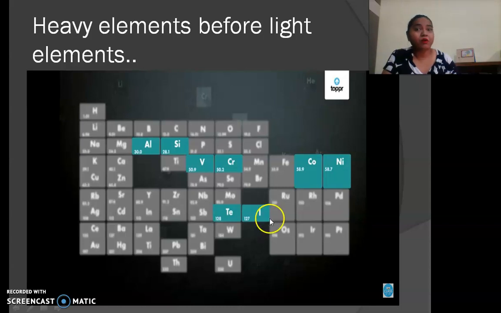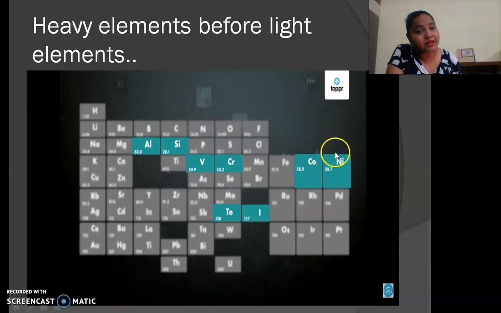Now, if you observe very closely, you will see that a few elements having higher atomic mass have been placed before elements having lower atomic mass. For example, cobalt has 58.9 atomic mass and nickel has 58.7 atomic mass.